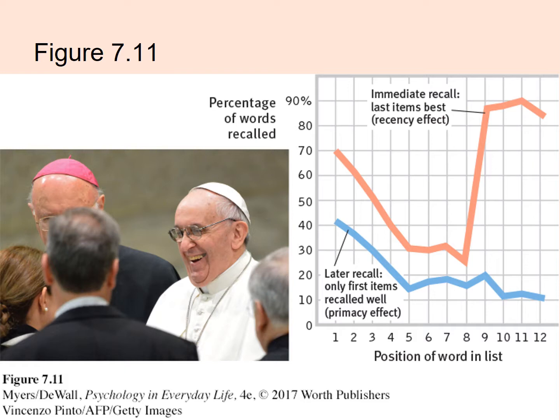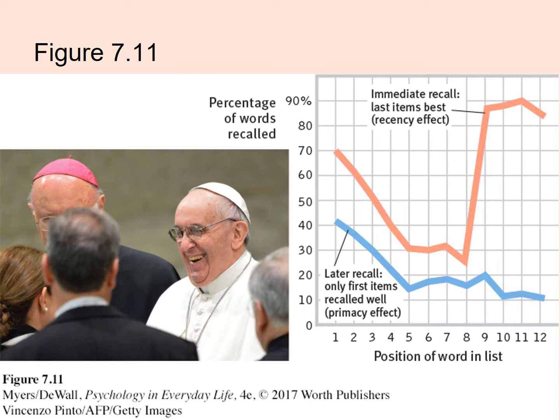That's the primacy effect. But when you ask them immediately, which is the red, the items that were last were recalled best. You can see starting around 9, 10, 11, 12, those were really good. That's the recency effect.